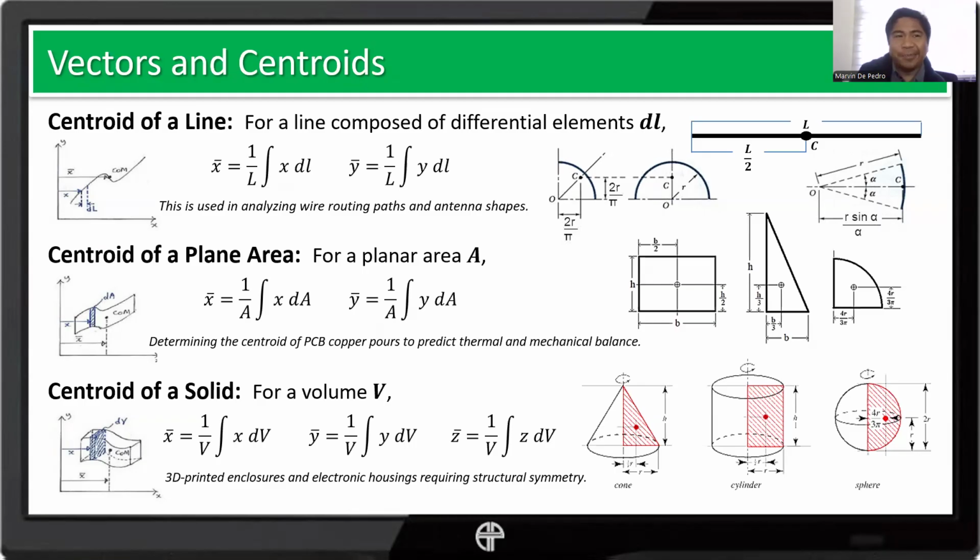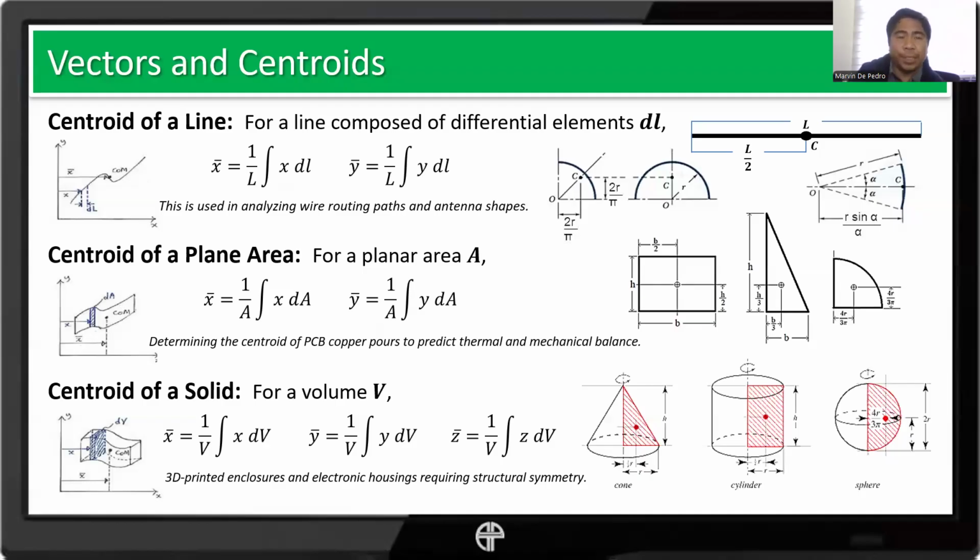Also, when it comes to plane areas, the centroid of a plane area can be located using this formula. So this time, still we have integration, but this time what we divide by is the area, instead of the length. And instead of dL, we now have dA.